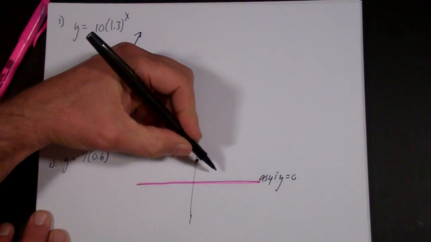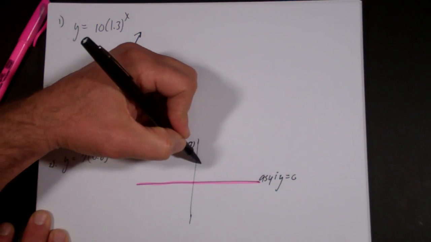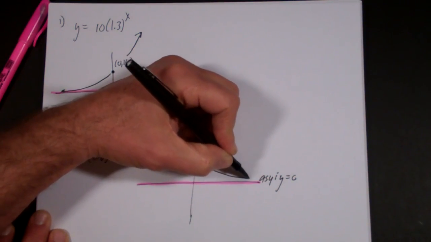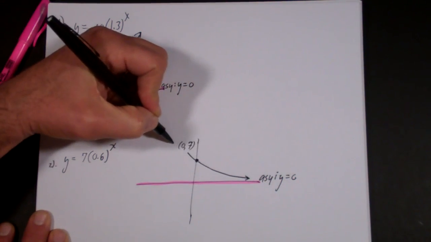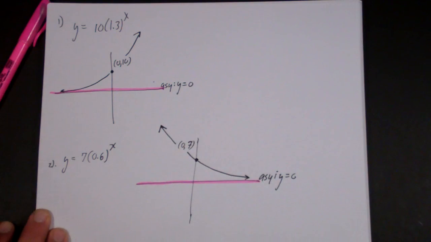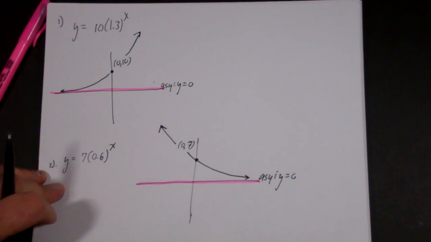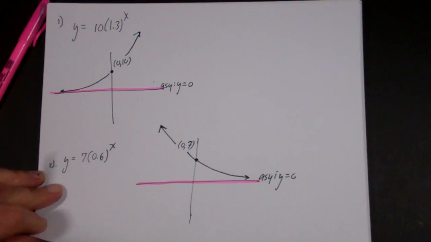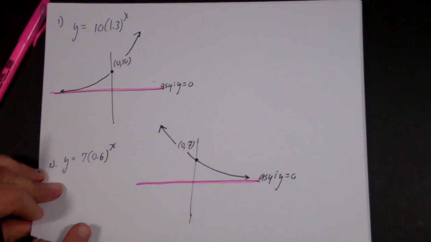It's exponential decay, so it's going to decay as x increases, and the other way here, and that's your basic graph there. So again, if you got that answer right, then just check your next two answers. If you need help with this, the following video goes through these in more detail.